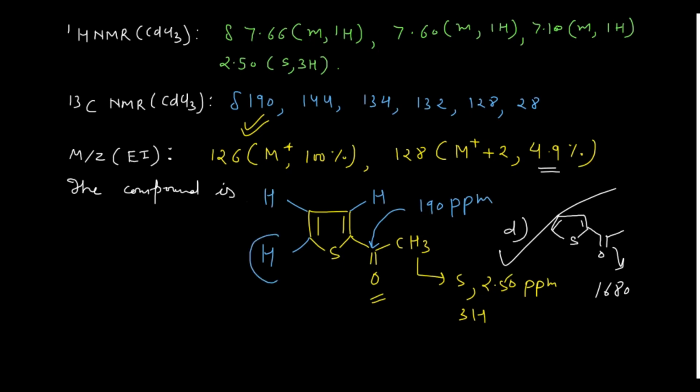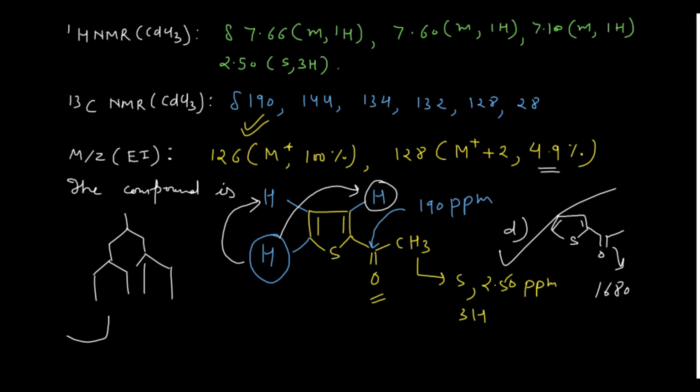This hydrogen can couple with this ortho hydrogen and produce a doublet, and it can also couple with this meta position. So it's a kind of doublet of doublet, which is nothing but a multiplet. So for this hydrogen you are getting the multiplet.